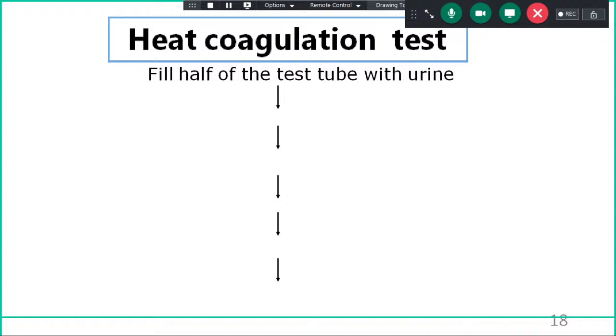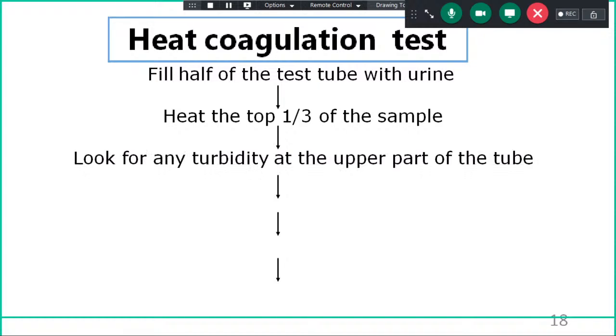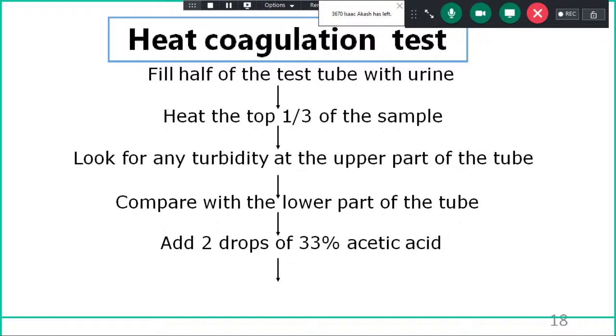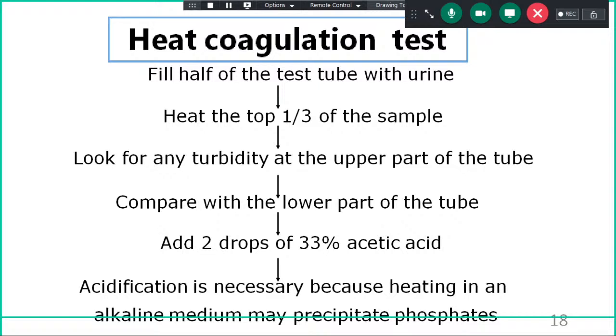What we do in this test is fill more than half of the test tube with urine, and then we heat the upper one third of the sample and look for any turbidity in the upper part of the test tube, while the lower part acts as a control for comparison. Then we add 2 drops of 33% acetic acid, which will acidify the medium, because in alkaline medium even phosphate gives a precipitate which is also white in color, and that will be a false positive.